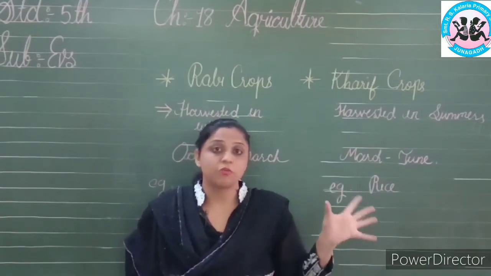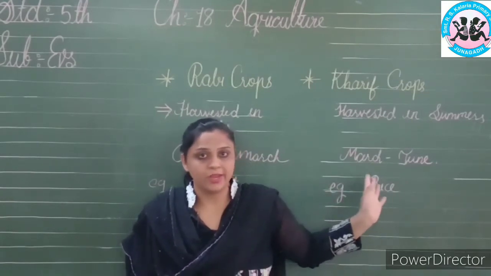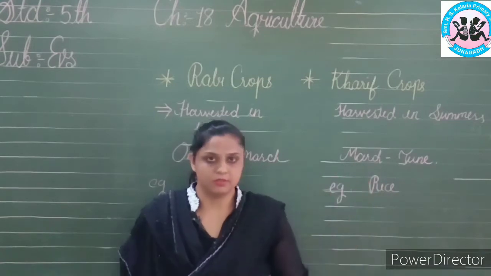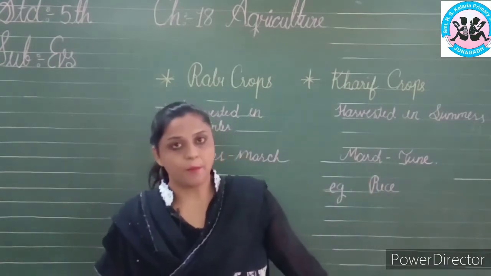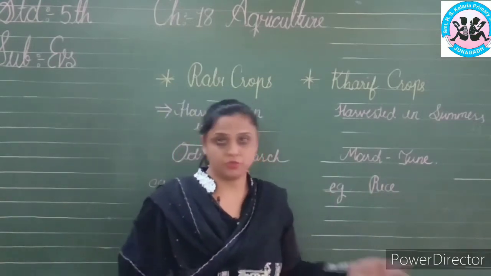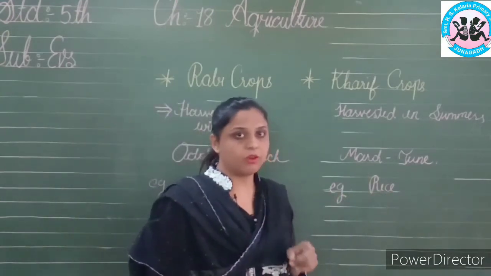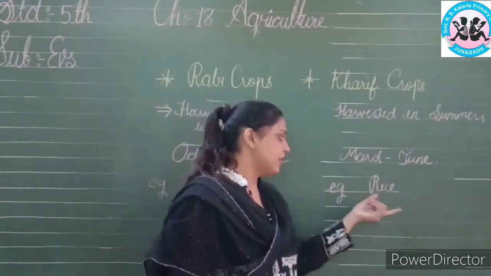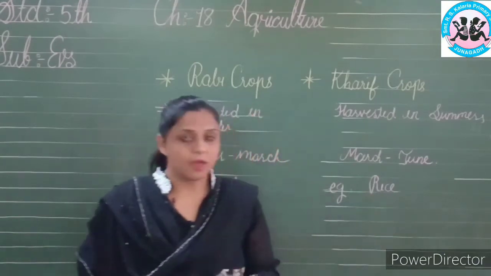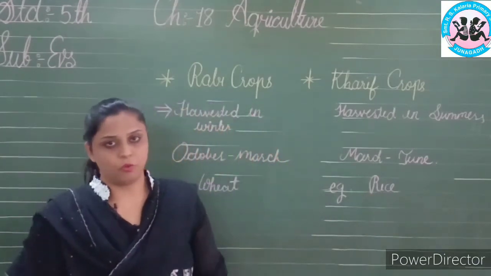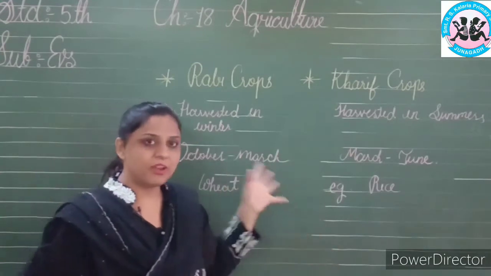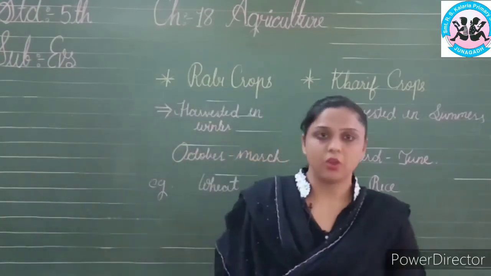Actually, the season of summer goes on throughout these months. So what is an example of a very important kharif crop? Rice is the important cereal of our country, and I am writing rice here as an example of kharif crop. So these are the differences between kharif and rabi crop.